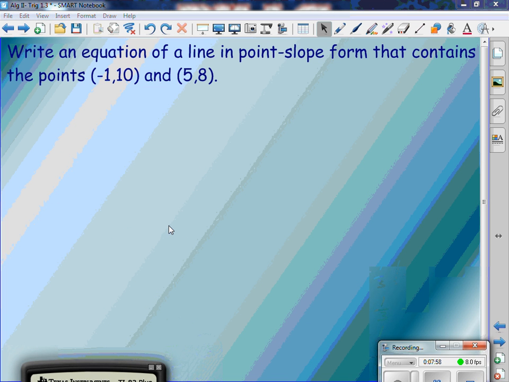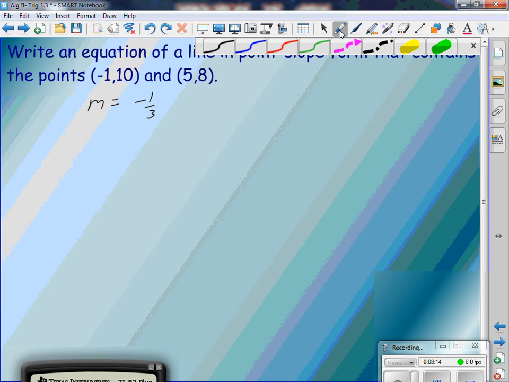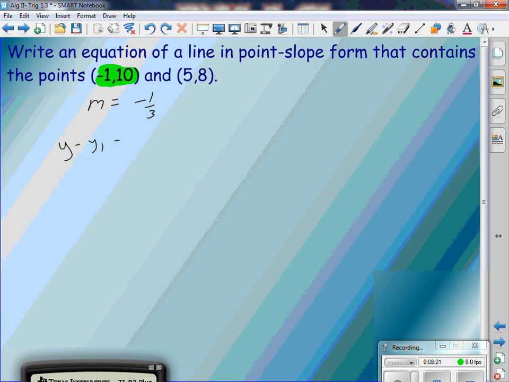This is the same exact problem as our first example. So what was our slope? Negative 1/3. Did not change. Pick a point. (-1, 10). Point-slope form: y minus y1 equals m times the quantity of x minus x1. y minus, what's my y value? 10.